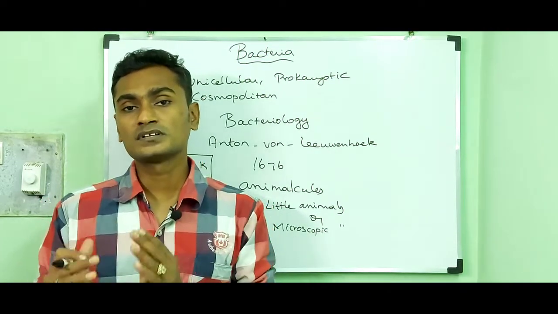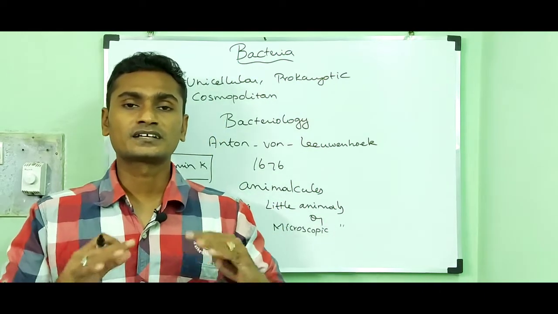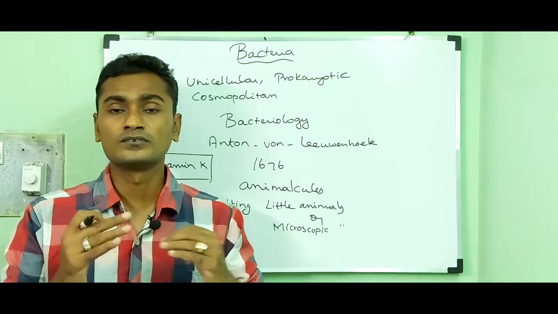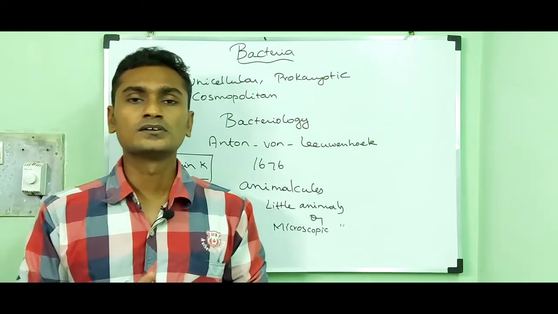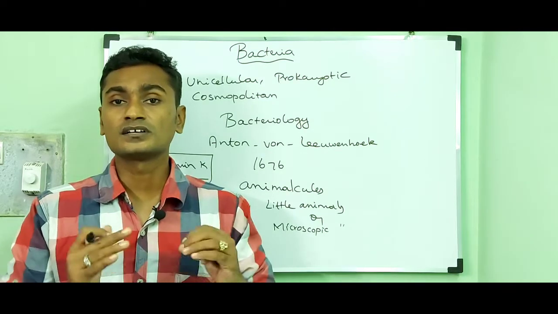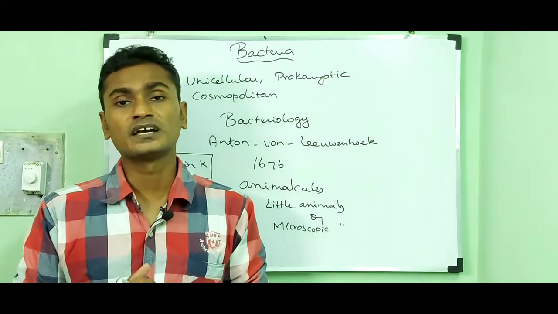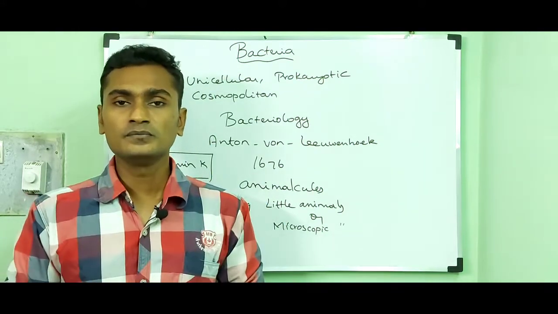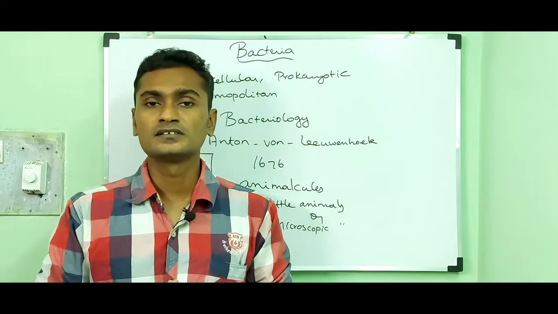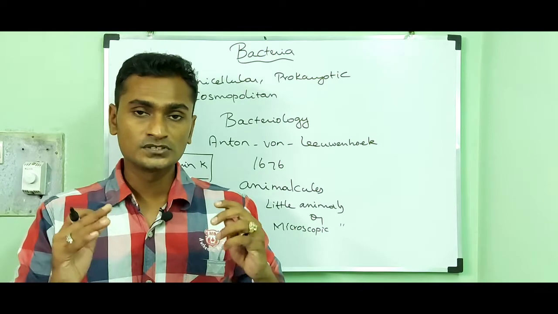In some conditions, the bacteria act like foes, that means enemies. They can cause harmful activities. Typhoid is a serious disease which is caused by the bacterium Salmonella typhi. Another example is tuberculosis, a very dangerous disease caused by the bacterium Mycobacterium tuberculosis.